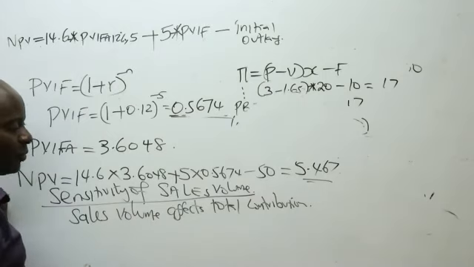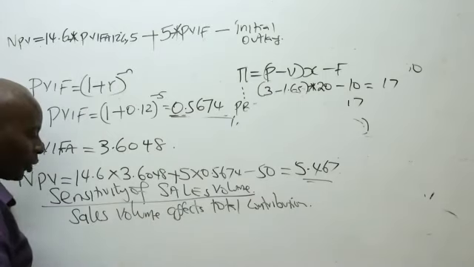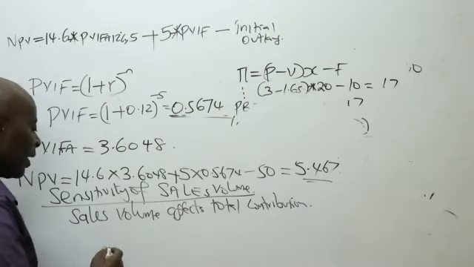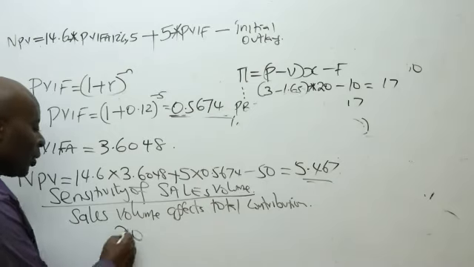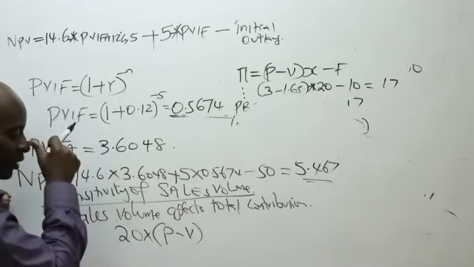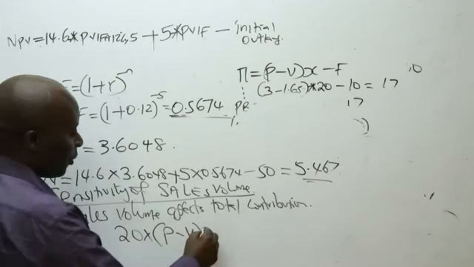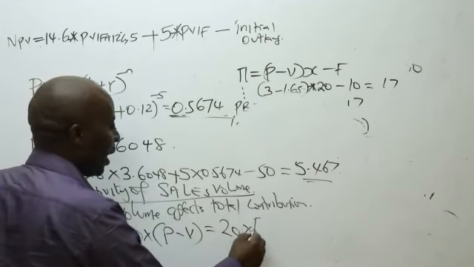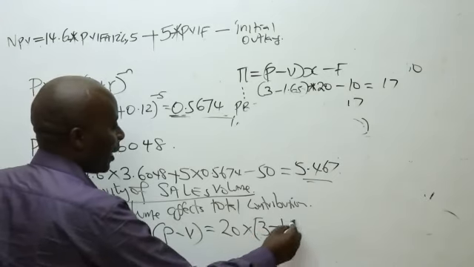If that is the case, ladies and gentlemen, how will our total contribution look like? Our sales volume here, of course, we have the volume being 20 times our contribution per unit, which is price minus variable cost. So this will be 20 multiplied by the selling price, 3 minus 1.65.